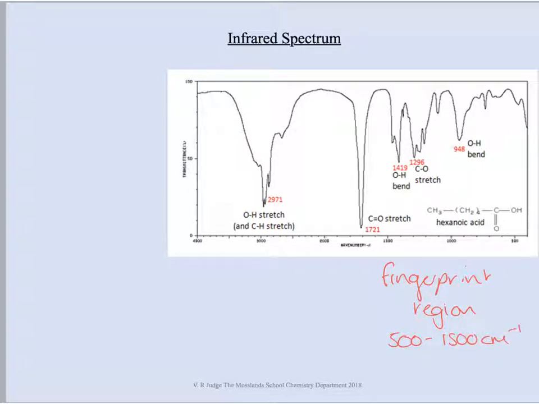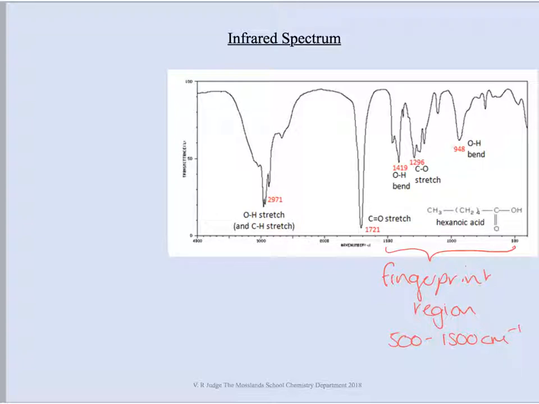Okay, so that's there-ish. So when you're trying to identify something, you look for your characteristic peaks above 1500 wave numbers. But you might be asked, how would you look at infrared spectroscopy to confirm that this compound is hexanoic acid?